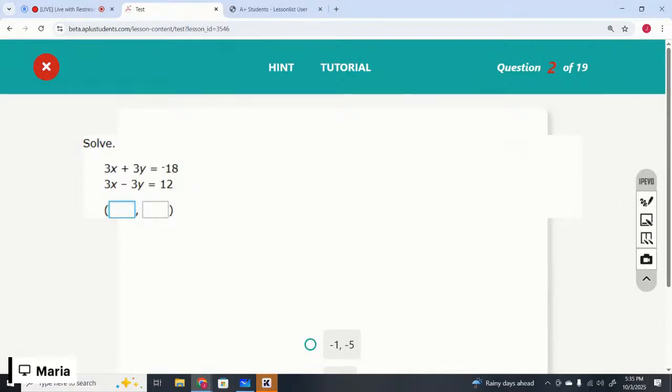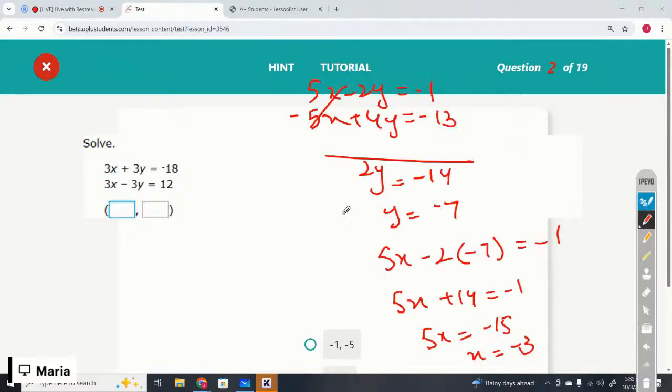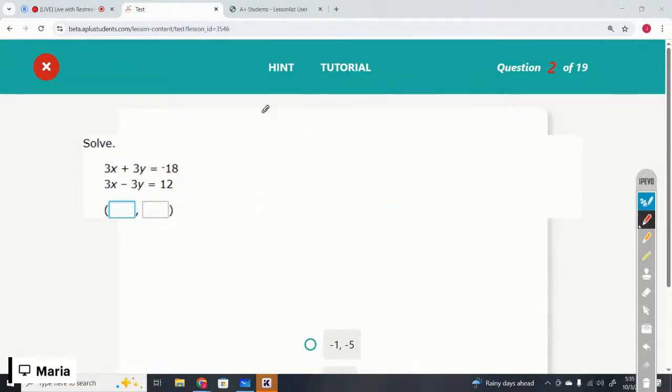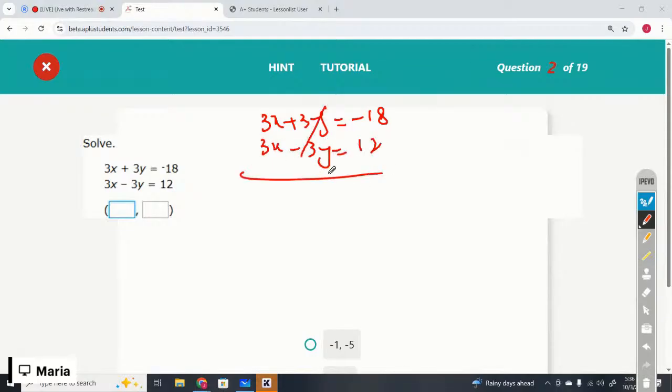Next: 3x plus 3y equals negative 18 and 3x minus 3y equals 12. Let's just add both the equations. 6x equals negative 6, so x equals negative 1. Then 3 times negative 1 minus 3y equals 12.